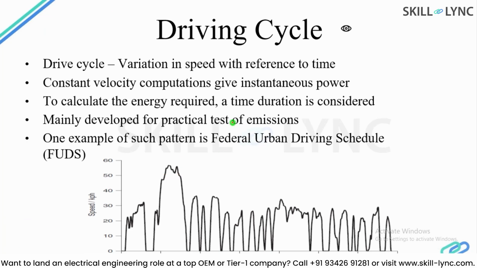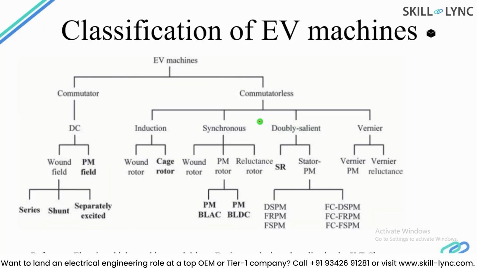Let's move on and discuss the classification of electric vehicle motors. This classification is based on this reference book, and it is according to the construction. There can be another classification according to the type of flux or the type of supply and so on, right? But here the main classification is related to whether the machine has a commutator or not.